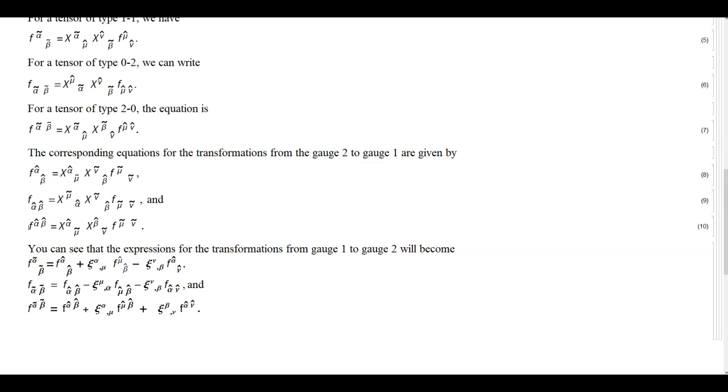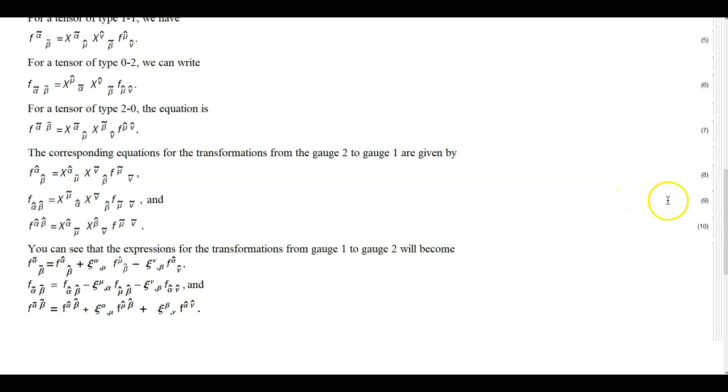So for the transformations from gauge 1 to gauge 2, after you plug in the value of the transformation matrix in terms of the transformation vector which we derived earlier in this course, you will see that these three equations are the equations of transformation from gauge 1 to gauge 2 at one given point.